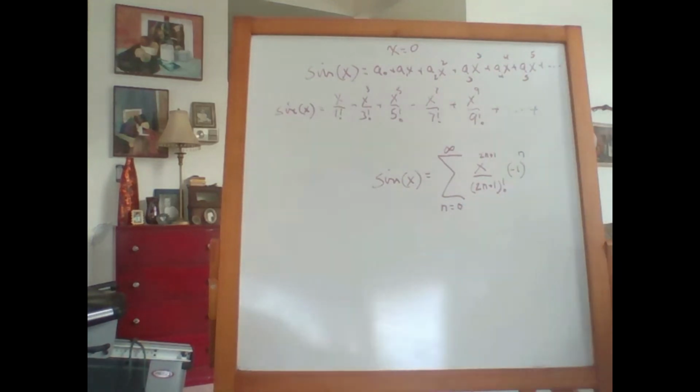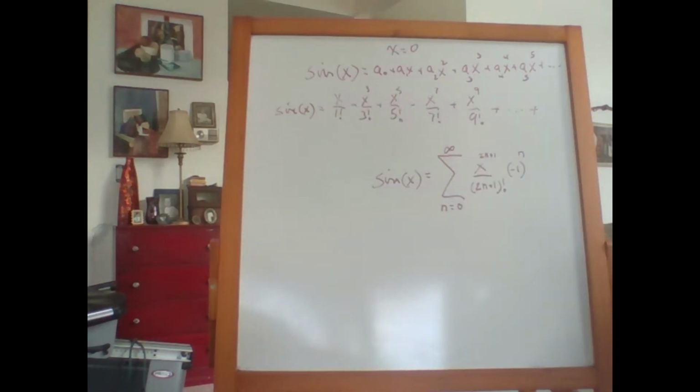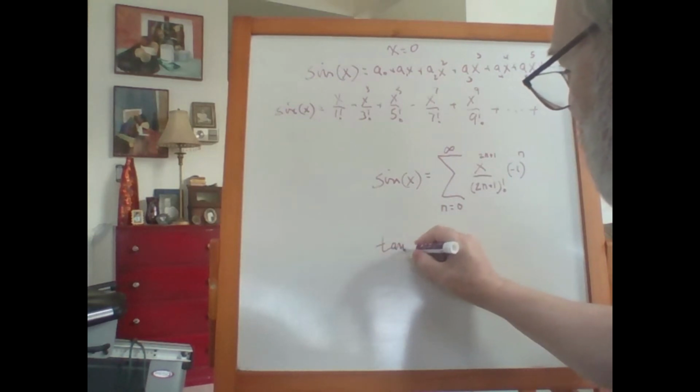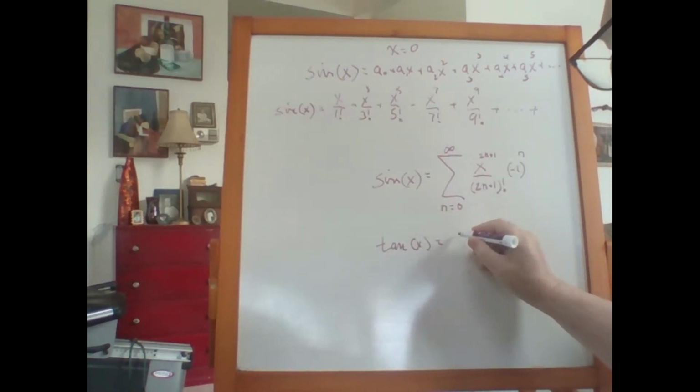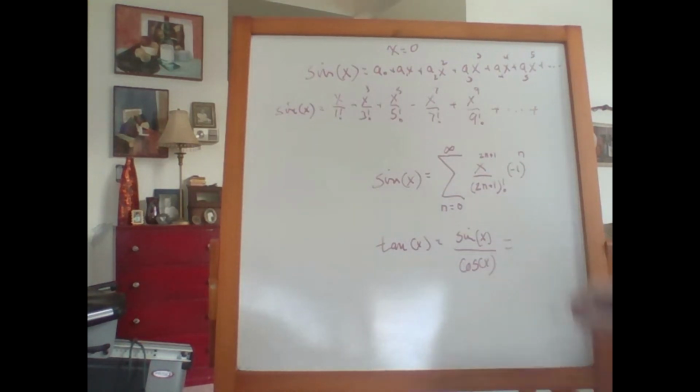And there you go. And it doesn't look too different from the cosine function that we worked out, but it's just this way. It's the odd numbers. And you can come up with combinations. Remember the tangent of x equals the sine of x over the cosine of x, and you can then find the ratio of the different expressions here, and you can find all kinds of really neat things.